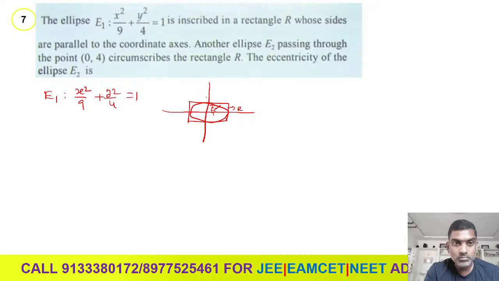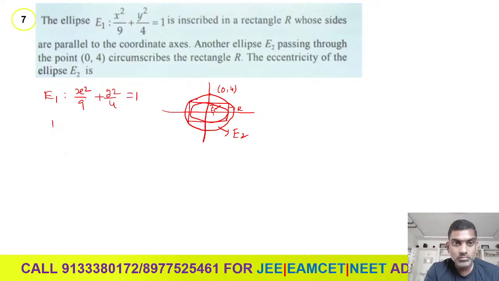Another ellipse E2 passing through 0, 4 and circumscribes the rectangle. Okay, like this. This is E2, and it is also passing through the point 0, 4.